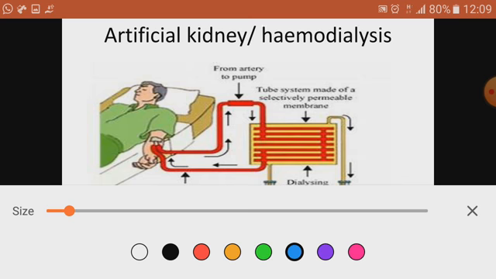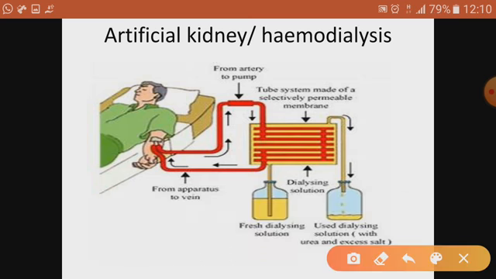You can see it here in the picture. These red colored are the tubes because they have the blood, and the yellow colored is the dialysate solution or dialysing fluid. Now the dialysing fluid will have more glucose and the blood will have more nitrogenous waste. Because the blood has more nitrogenous waste, the nitrogenous waste will automatically diffuse.